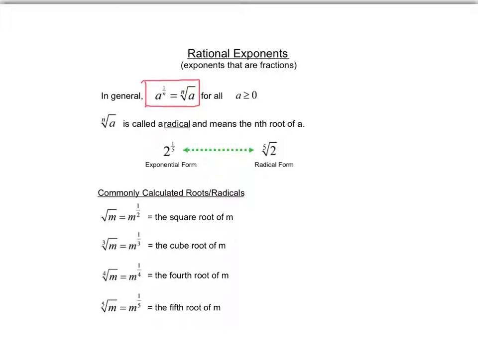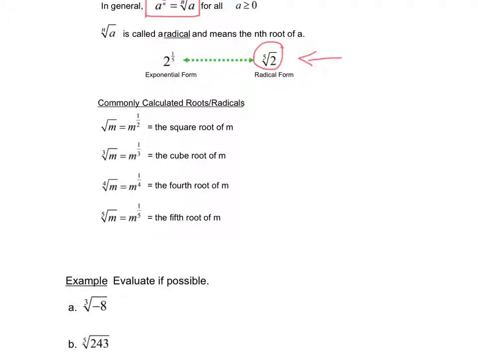So here we have a numeric example that might make this a little bit clearer. In exponential form, we could write 2 to the exponent 1/5. In radical form, that would be written as the 5th root of 2. So those two things mean exactly the same. Underneath that, you have some commonly calculated roots and radicals: your square root, cube root, 4th root, and 5th root.